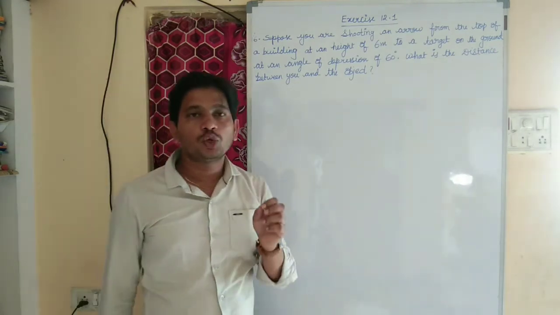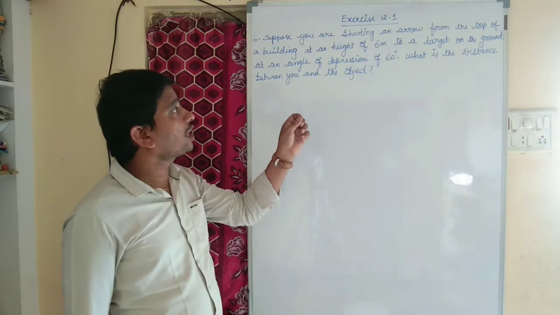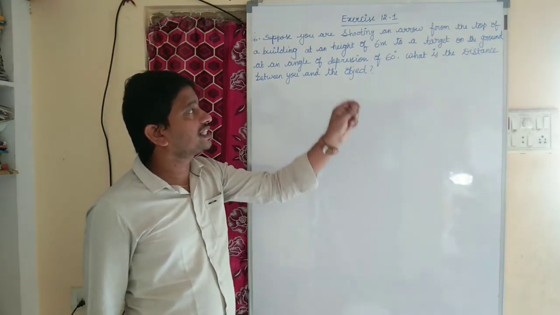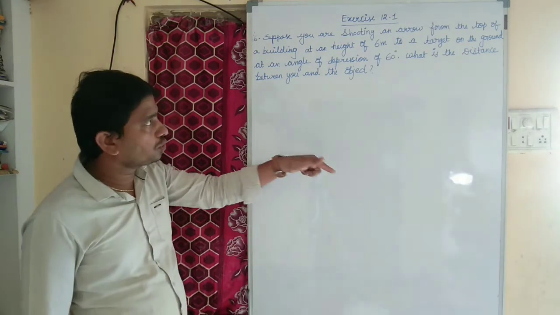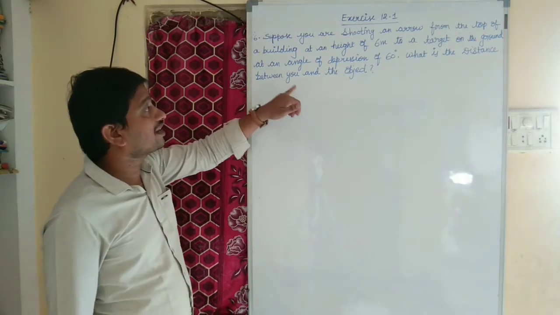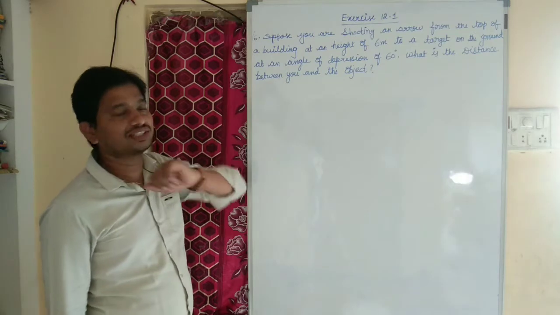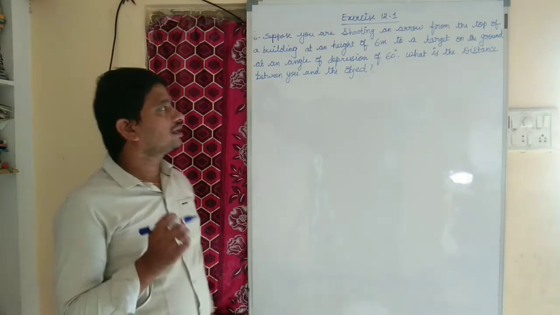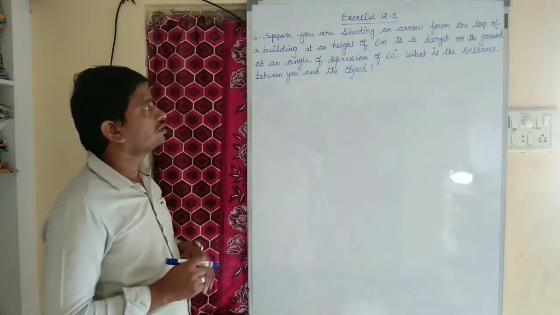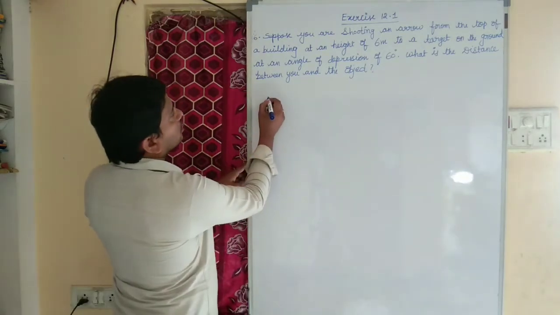Suppose you are shooting an arrow from the top of a building at a height of 6 meters to a target on the ground at an angle of depression of 60 degrees. What is the distance between you and the object? So where are you? At the top of the building.